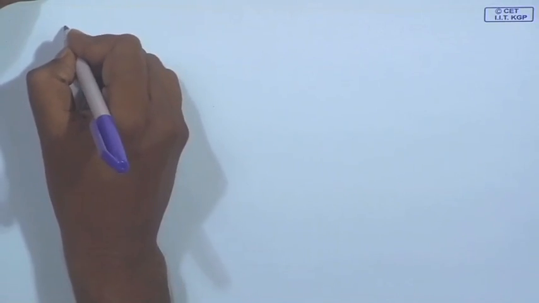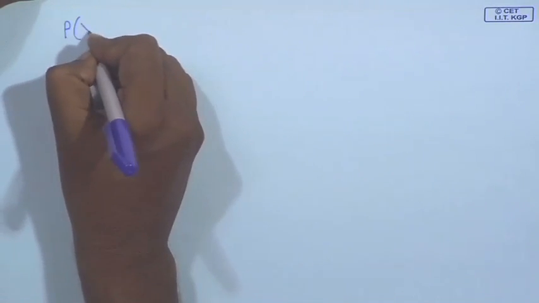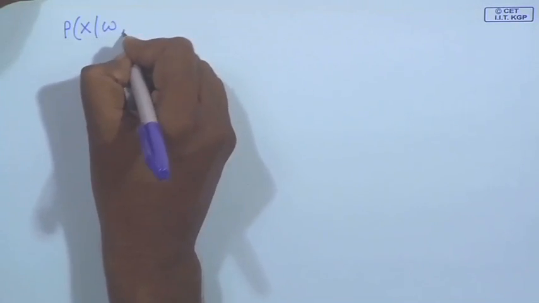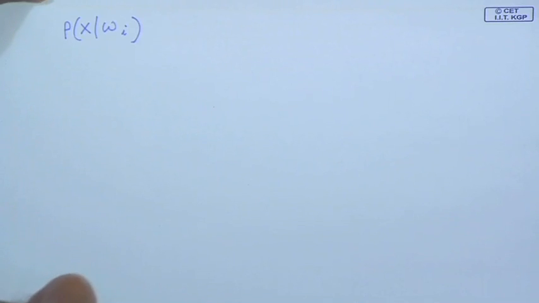Now, you can recollect that when we talked about the Bayes rule, we said that we have class conditional probability density functions. That is, what we had is P of x given omega i. This was the class conditional probability density function that can be estimated.